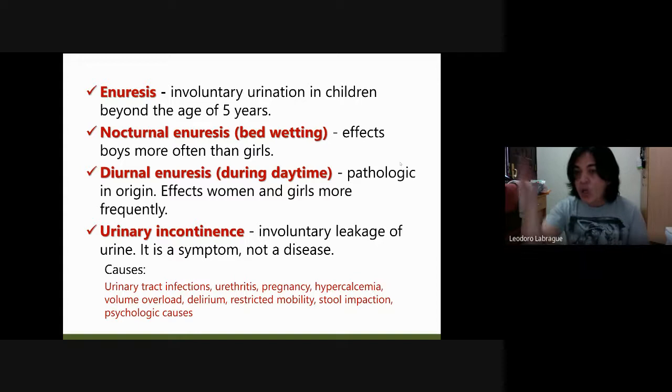Now, ask yourself, do you still have enuresis? At your age, you should be able to control your urination. If you have small brothers and sisters at home, and their age is 5 and above, and they still do bedwetting during night or during day, it could be a possible problem. But if their age is less than 5, it's fine.